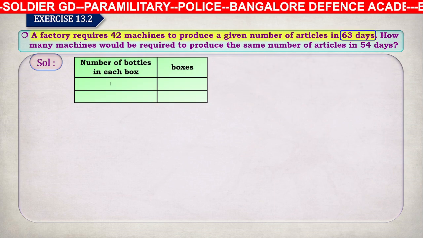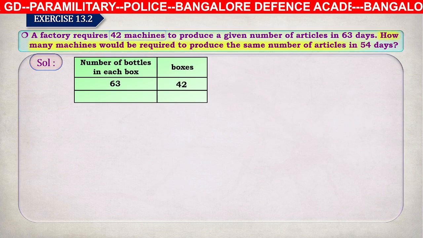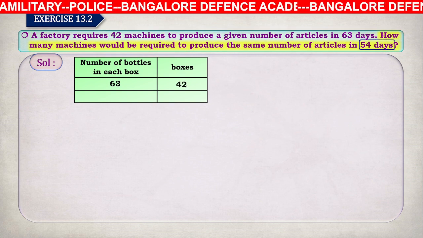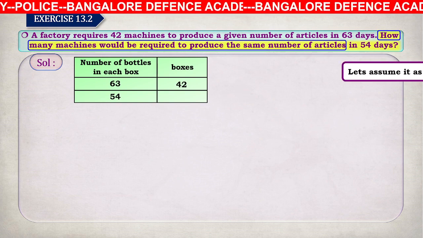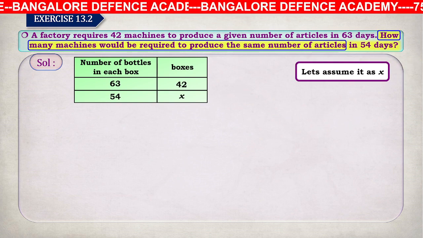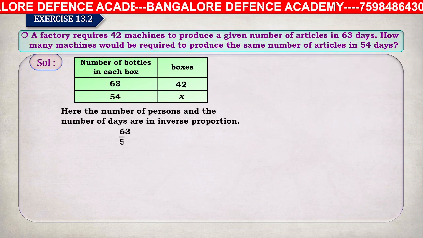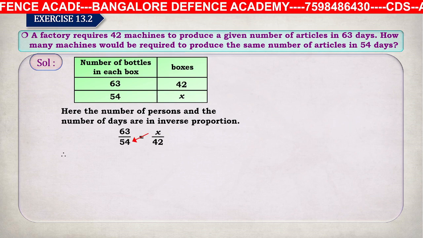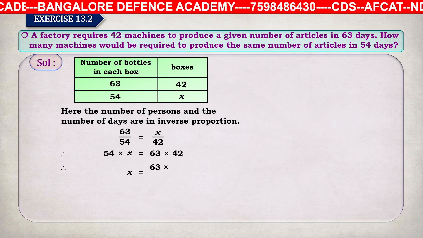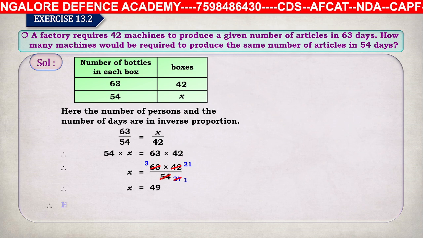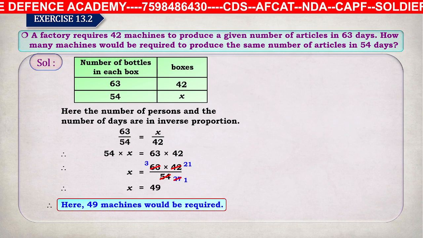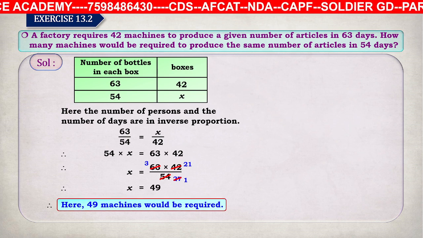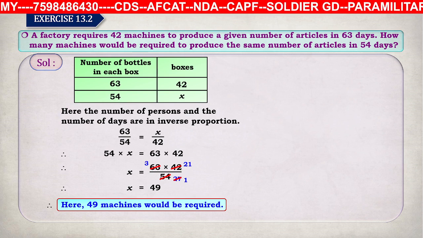Imagine there are 63 days and I have 42 machines. Now in 54 days, how many machines are required? I have to invest a little more and bring more machines. So you just multiply: 54 into x equals 63 into 42. When you simplify this, the answer is 49. So I would require more machines. The fewer the days, the more the machines.